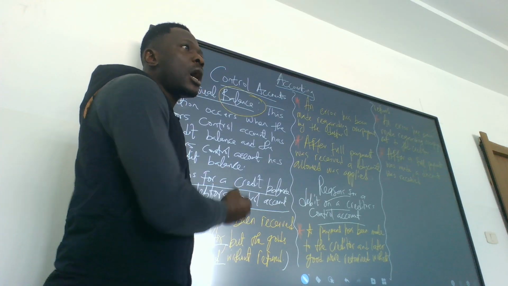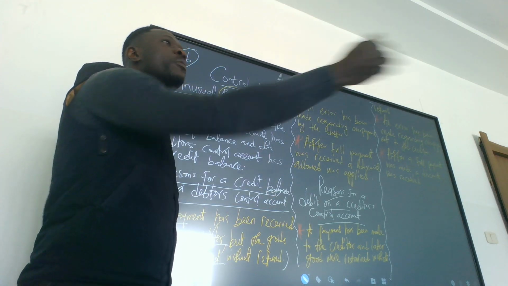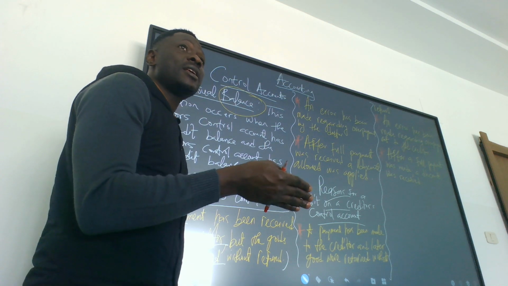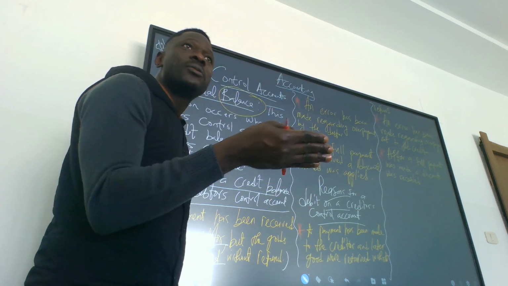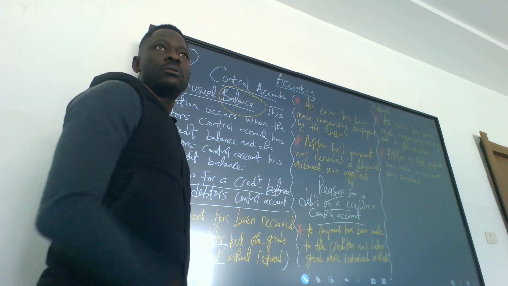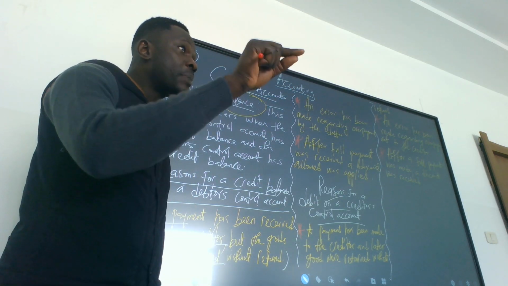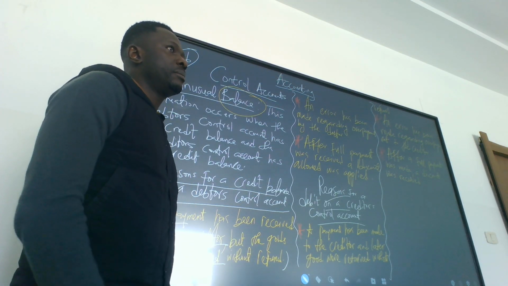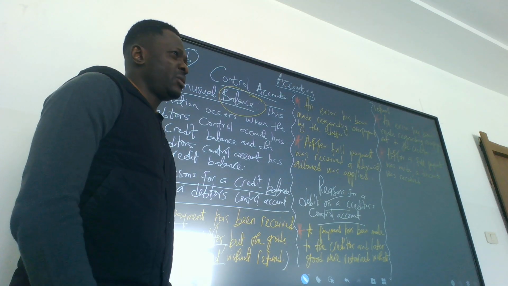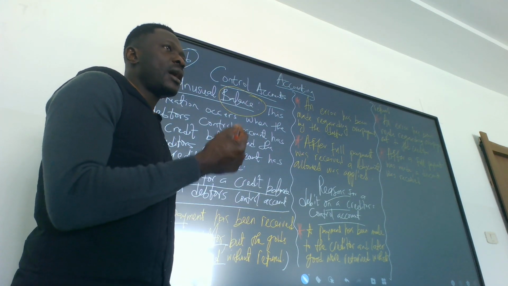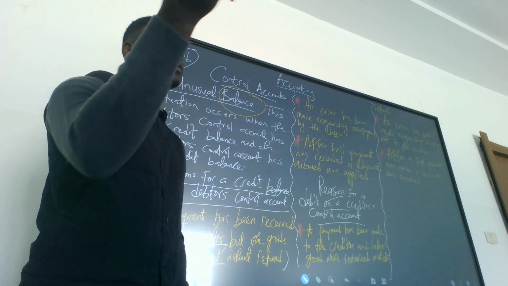Your debtor's control account should have a debit balance because they are supposed to pay you. But in this situation, your debtors have paid for some goods, and they are returning those goods to you. So it means you are owing your debtor. Because you are owing your debtor, it's a credit balance. Do you get it? The debtor's control account is the account for your credit customers.